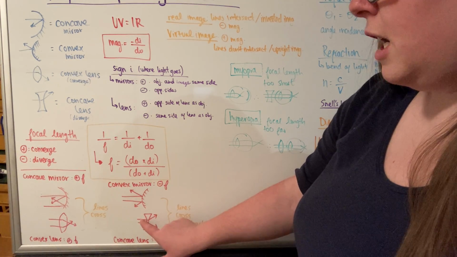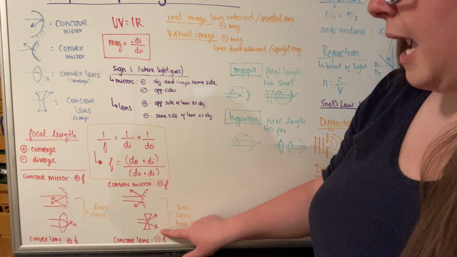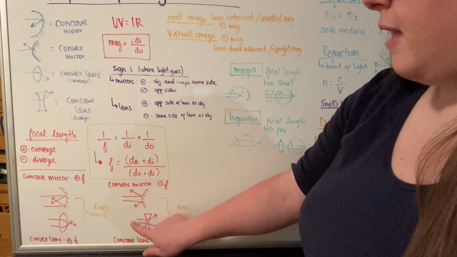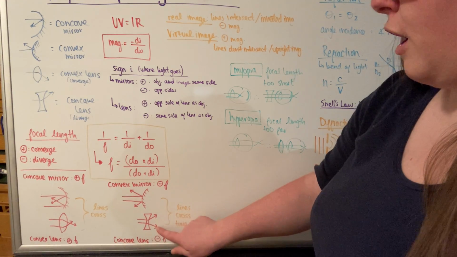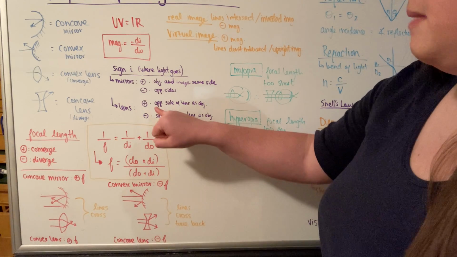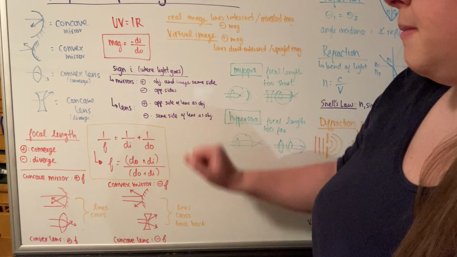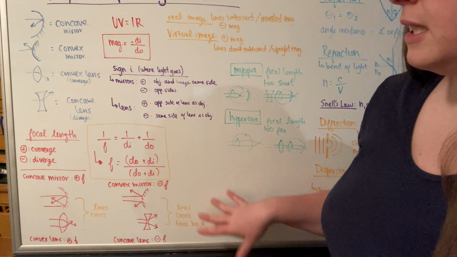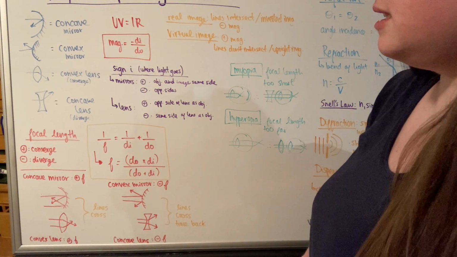But if you're looking at an object through some glasses, for example, you would have the image being created on the opposite side of the actual object, which would mean that this is a positive image distance for this lens. So I know that was a lot, but looking at these examples, hopefully that made more sense.